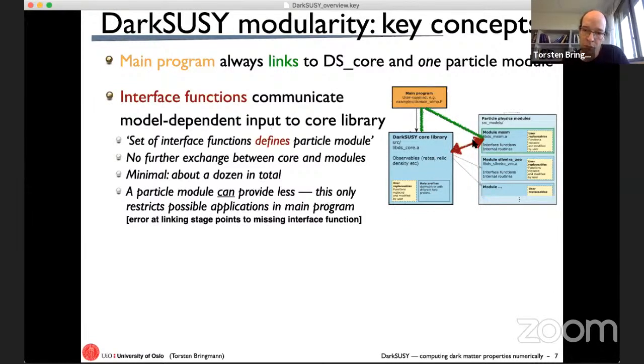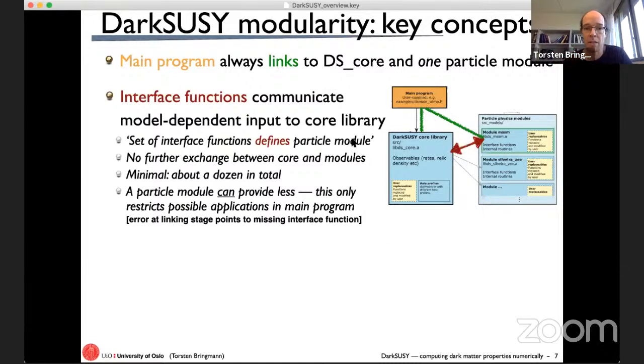So the interface functions communicate basically between the particle physics independent part and the particle physics dependent part. And the whole idea of this is that the number of these links should be minimal. So in the whole current DarkSUSY release, there's only about a dozen of these functions. So the only thing the core library, the particle physics independent library, knows about particle physics is actually this set of interface functions.